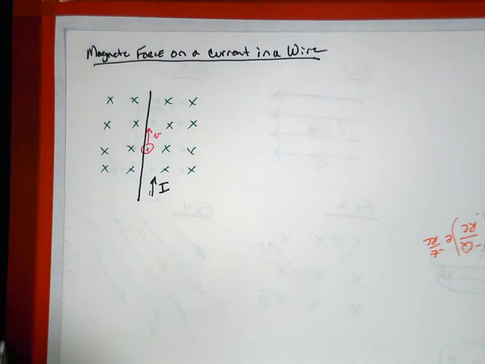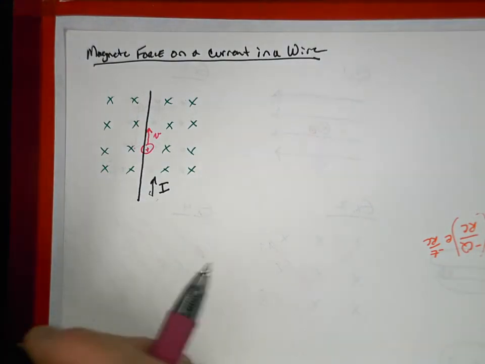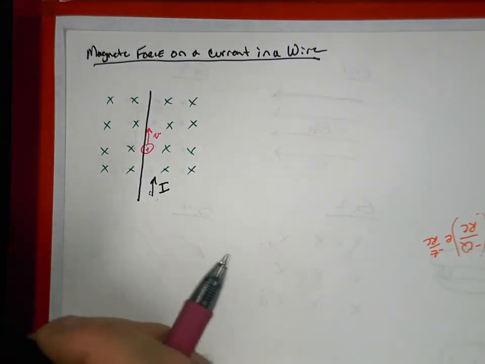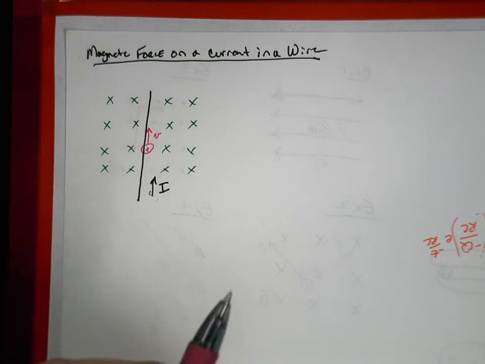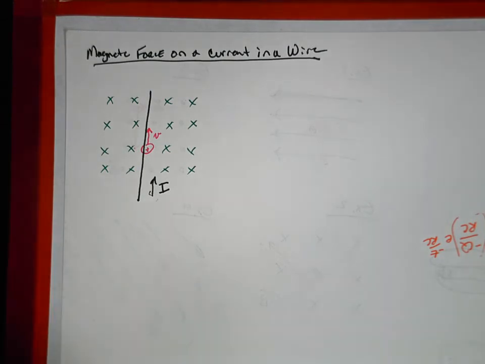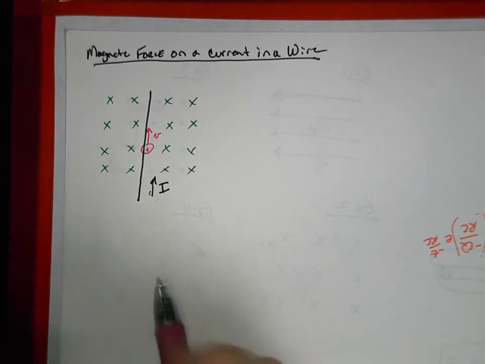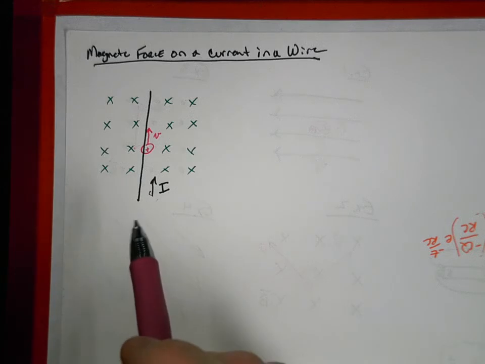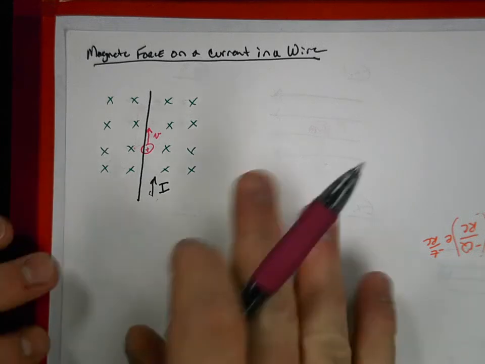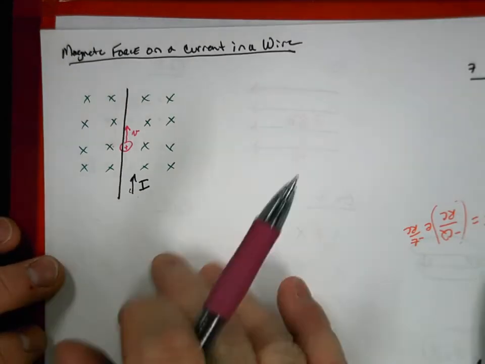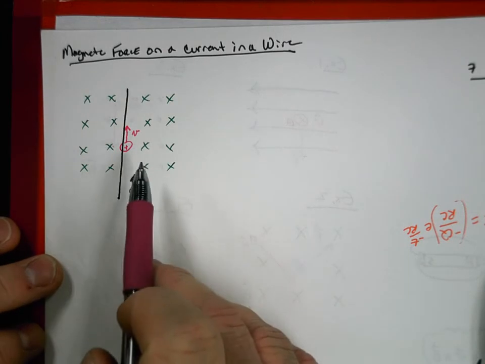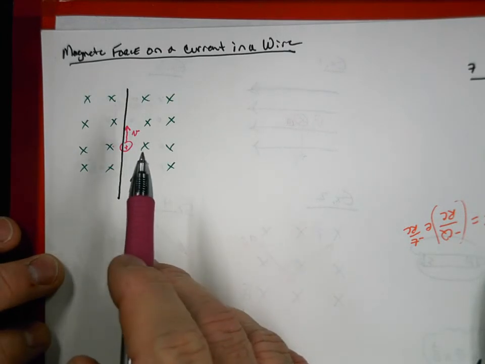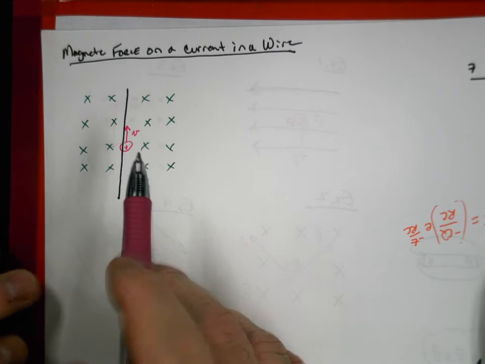Now, we've talked about drift speed, the conductivity of the material, and the velocity of the particle as it wiggles in between all the atoms. Our velocity here is a summation of all the drift speeds of the particles.